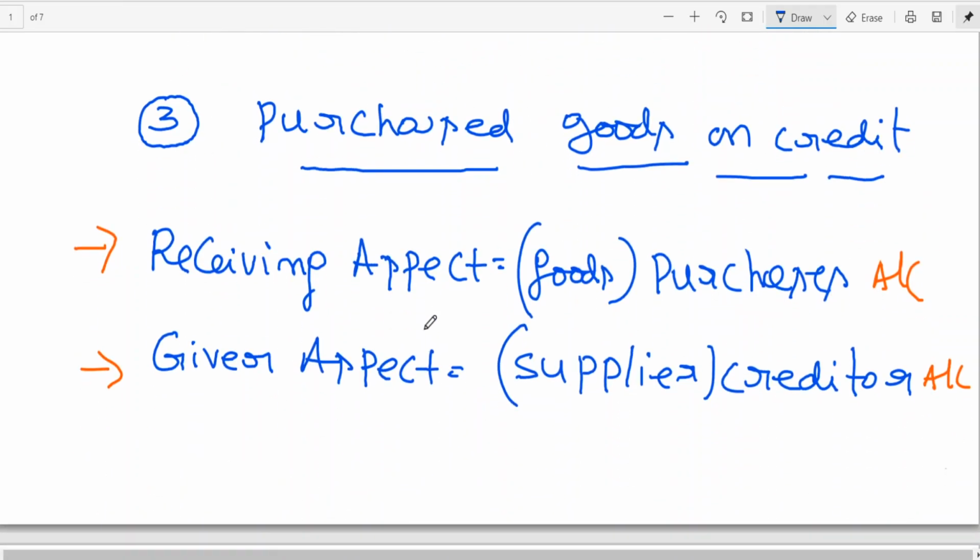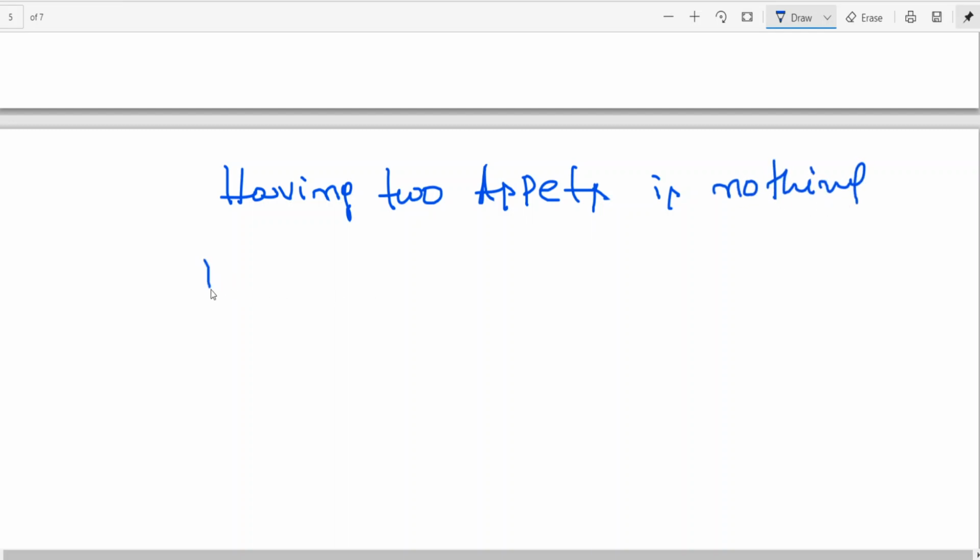So, whatever I explained to you so far, having two aspects is nothing but double entry system.